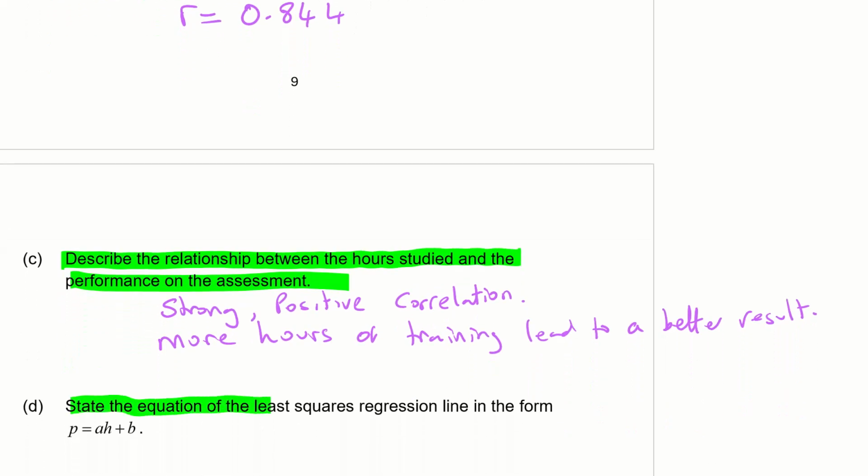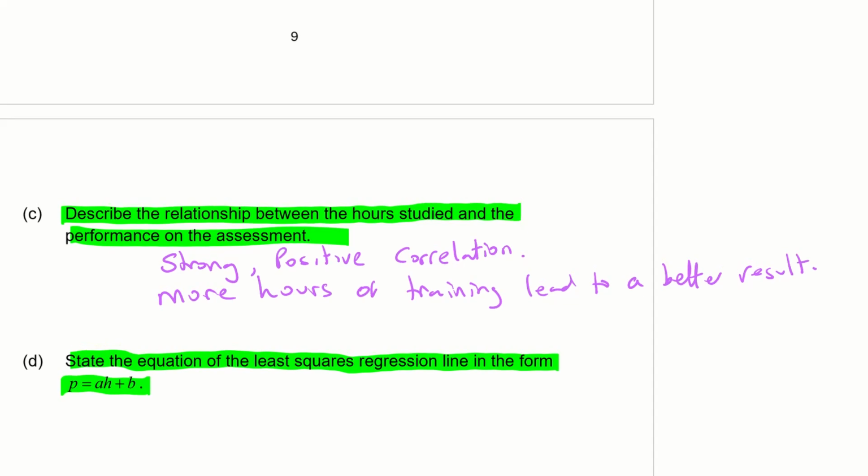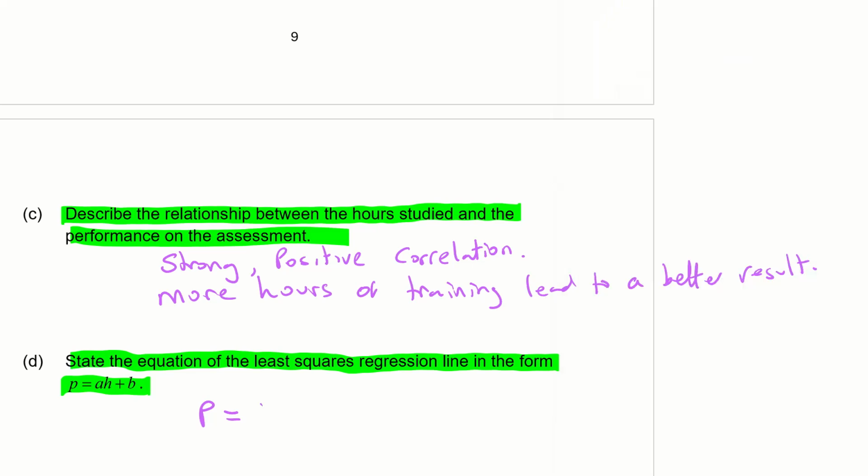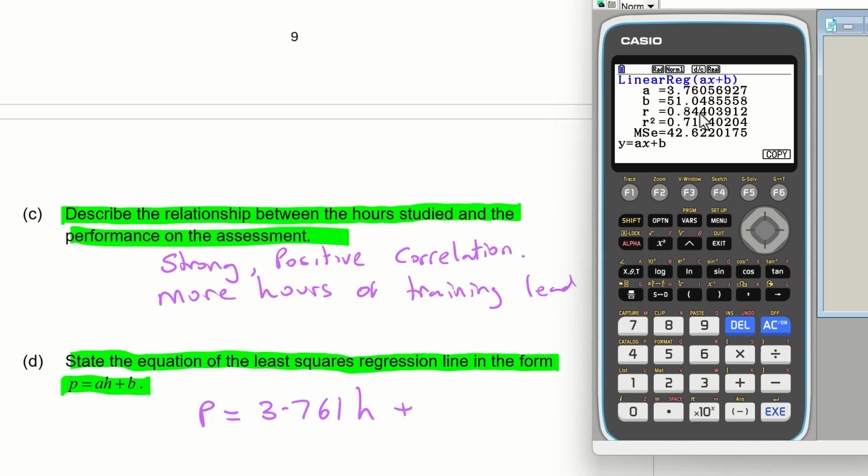State the equation of the least squares regression line in the form P equals AH plus B. So the P being the performance. And then we go back to the calculator and we have the A, 3.761. And the B was 51.049.